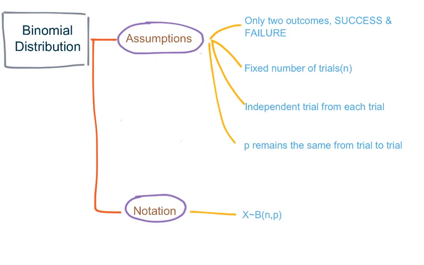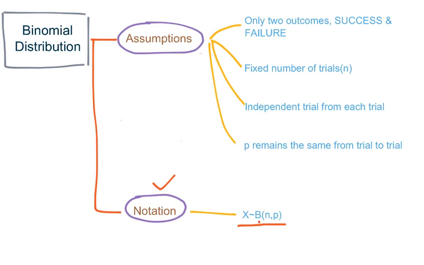Okay, so for the binomial distribution, the notation or the model is given with X, which represents our discrete variable. Again, binomial is only for discrete variables because this is in chapter 4, which is about discrete variables. So X is any discrete variable that fulfills the 4 assumptions of the binomial distribution.